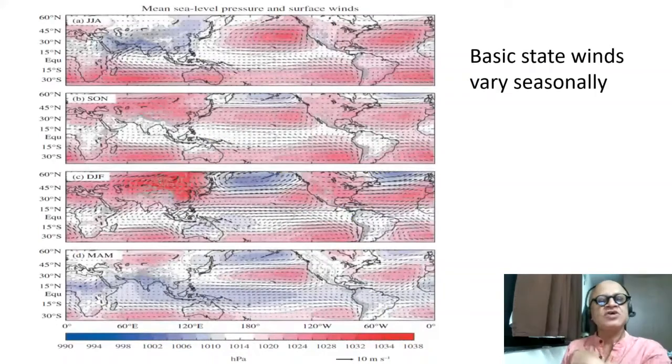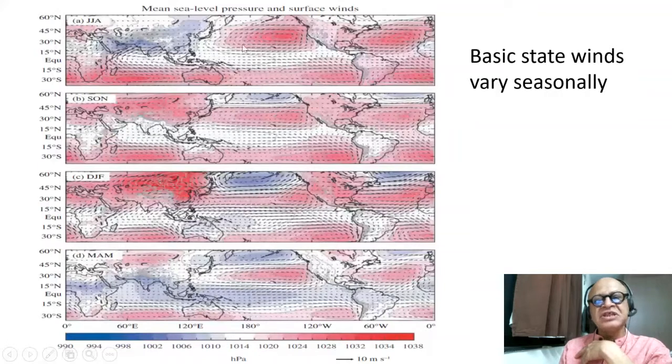The genesis of the MJOs, which is discussed a lot in literature, typically tends to happen over here, in the western Indian Ocean, which is favorable for warming, as we will see later on again in terms of SSTs, especially also because the winds are typically very weak, as you can see here.